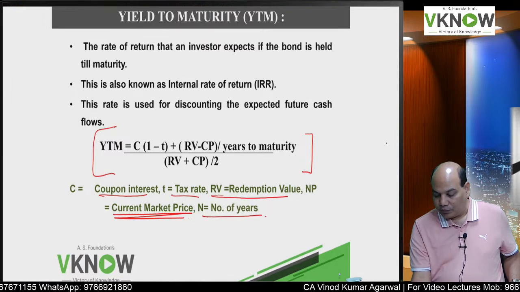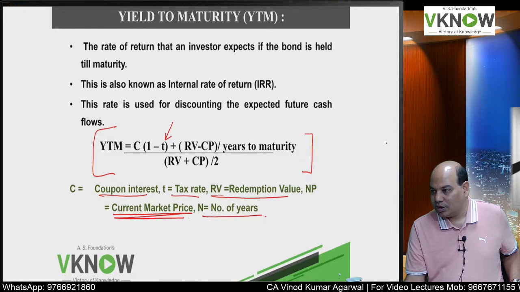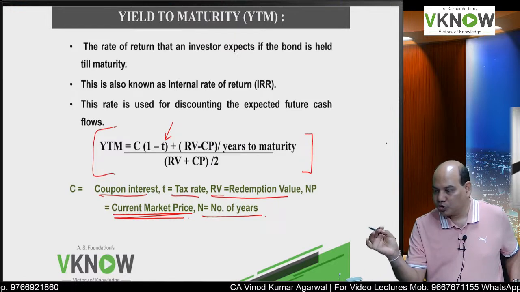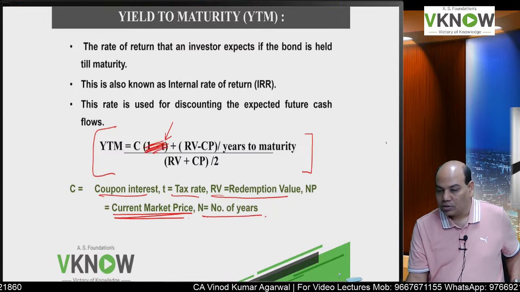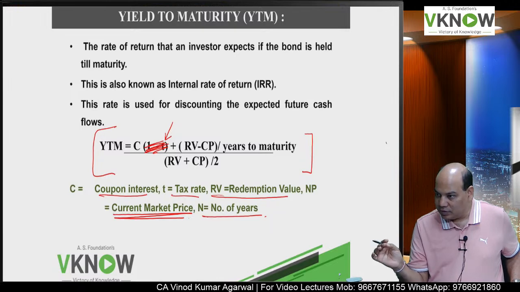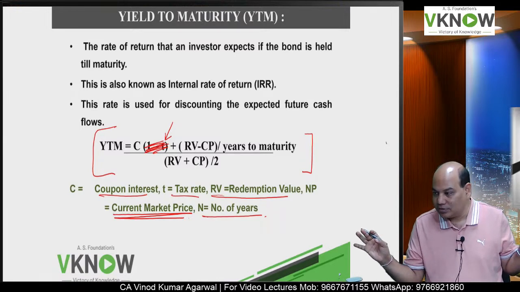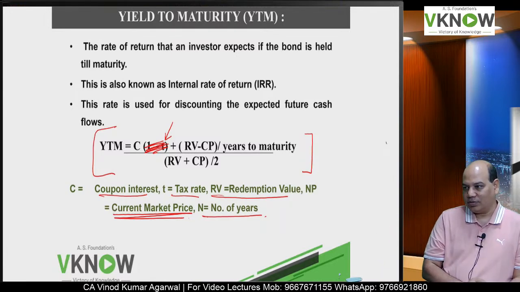If tax rate is given, then we will use that. It will give you post-tax return, and if you don't write 1 minus t, this will give you pre-tax return. Pre-tax return means I have not considered tax effect. Post-tax return means I have considered tax effect. Okay.